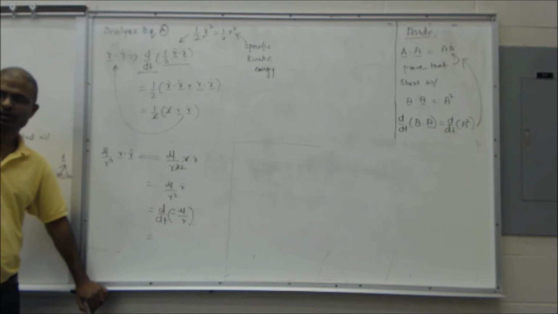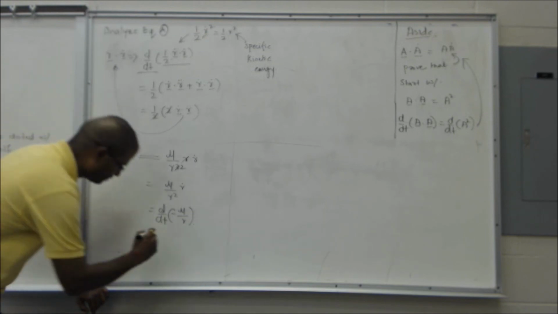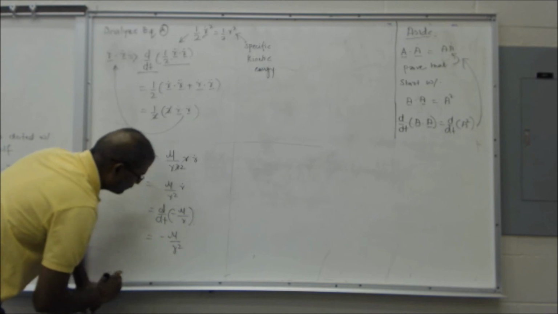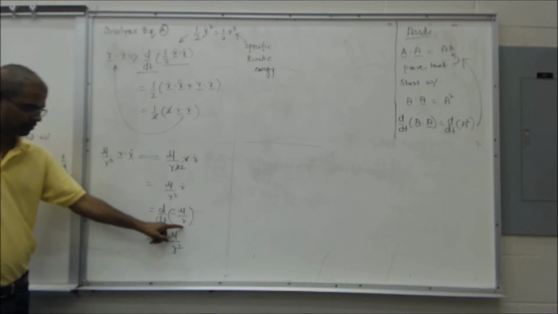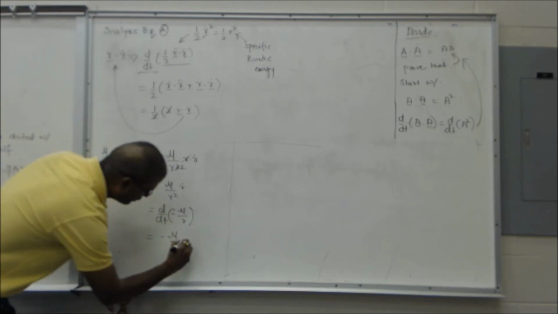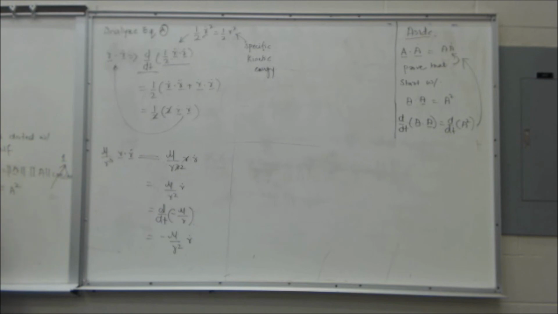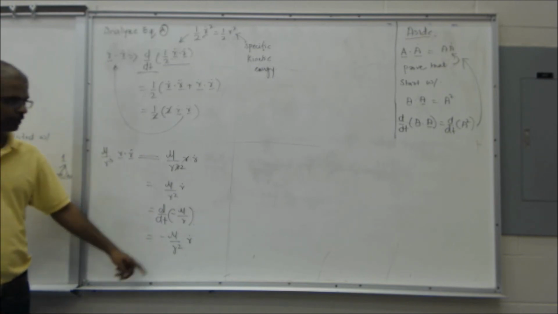The derivative of 1 over R is minus 1 over R squared. So minus mu over R squared, and since this is a function of time, you get an R dot.